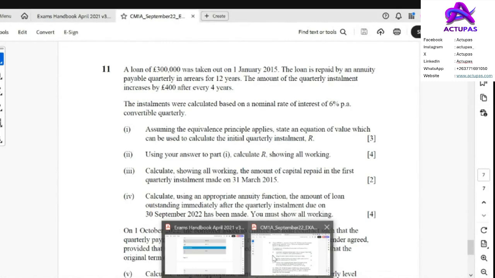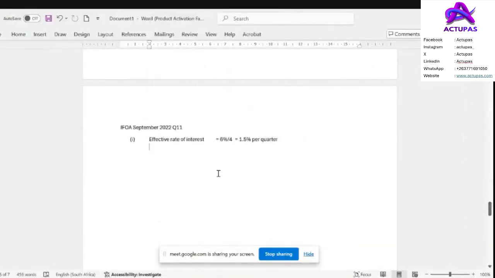And our question says, assuming the equivalence principle applies, state an equation of value which can be used to calculate the initial quarterly installment R. So we want the equation of value, and we've been told that the loan is for 300,000. So this would be 300,000 is equal to, for the first 4 years, we've been told the installments are R per quarter.